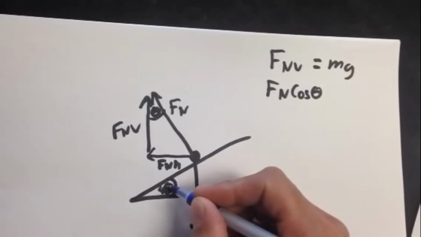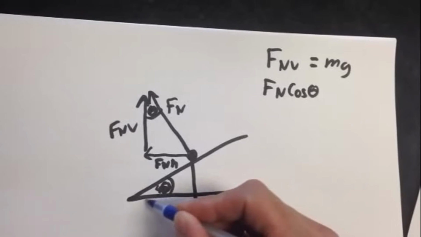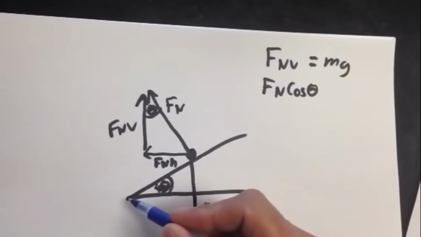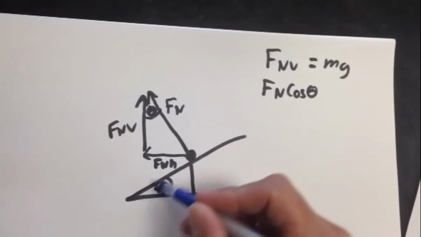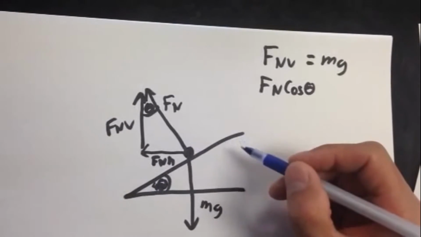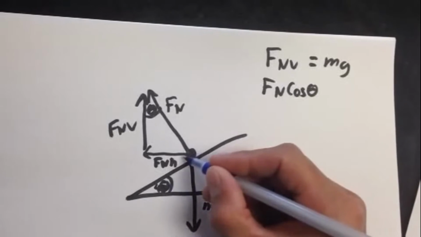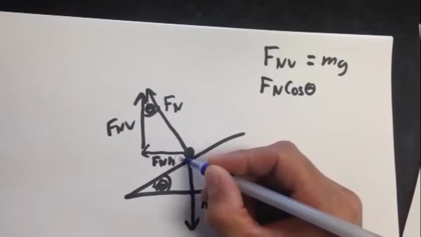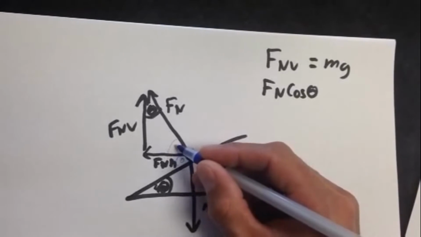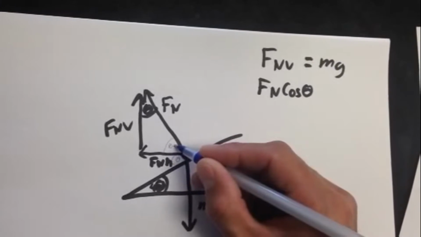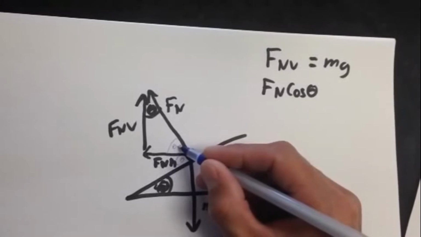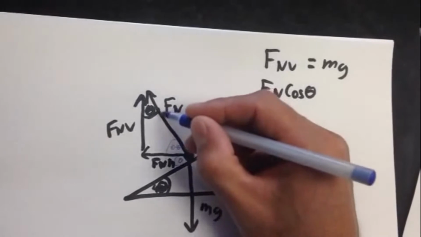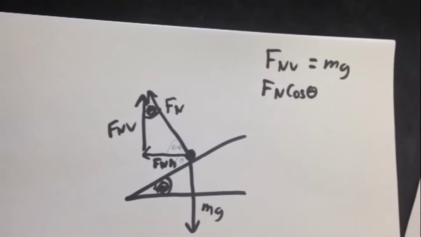If this is theta here, we have a Z pattern, as this horizontal component is parallel to the ground, and this line here intersects them both. We call it a transversal, I believe. So if this is angle theta, this will also be angle theta. And if this is angle theta, this is 90 minus theta. And if this is 90 minus theta, then this is theta. So the angle here is going to be equal to the angle up here.